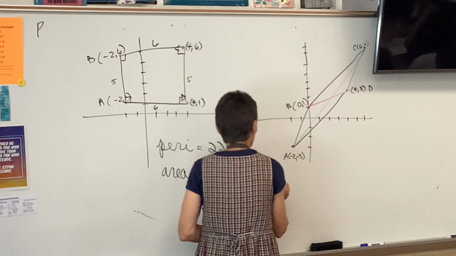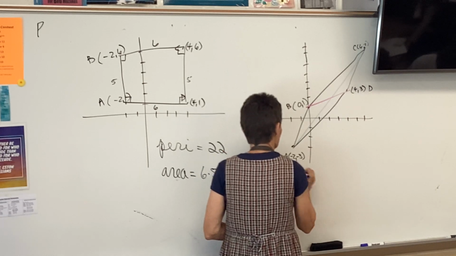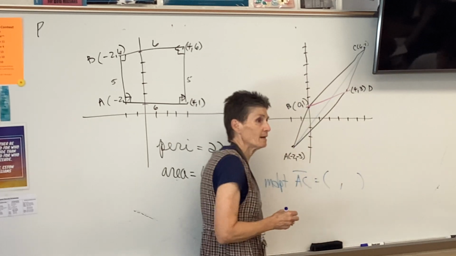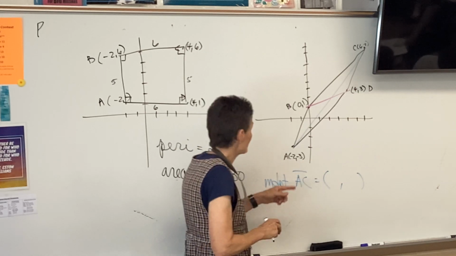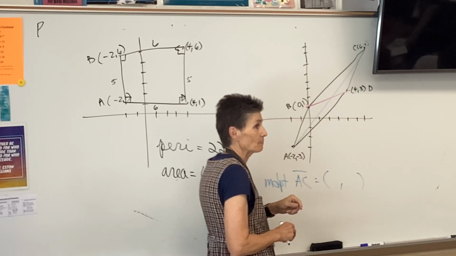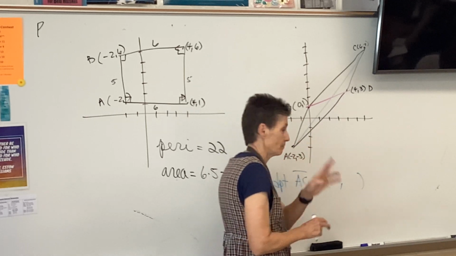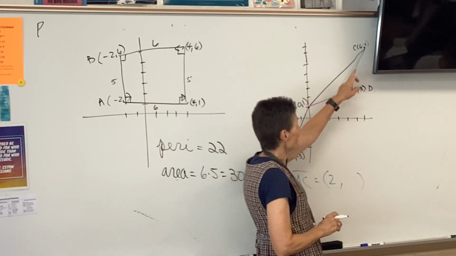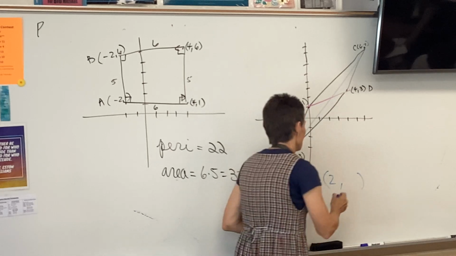So the midpoint of my blue segment, which is AC. How do I find midpoint again? Average the x's and y's: add them up, divide by 2. So -2 plus 6 divided by 2, and -3 plus 7 divided by 2.